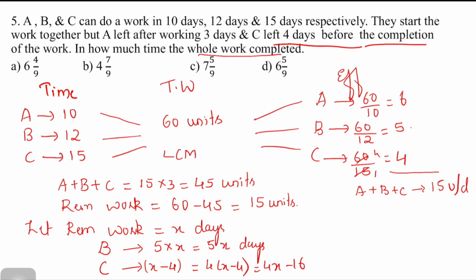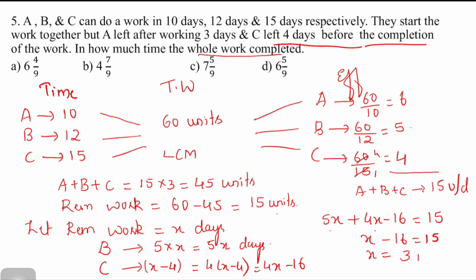Then the remaining 15 units B and C together completed in 5x plus 4x minus 16, which is equal to 15 units. This 15 units was completed by B in 5x and C in 4x minus 16. So 4x minus 5x is x minus 16, which is equal to 15. So x is equal to 15 plus 16, which is 31 days.